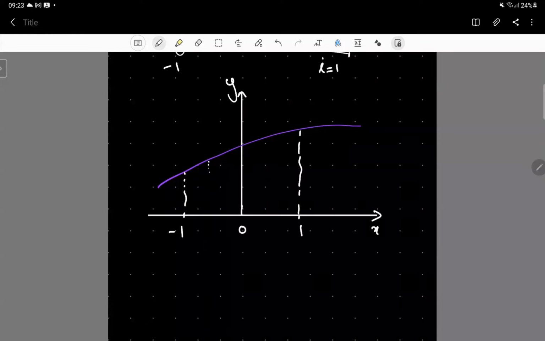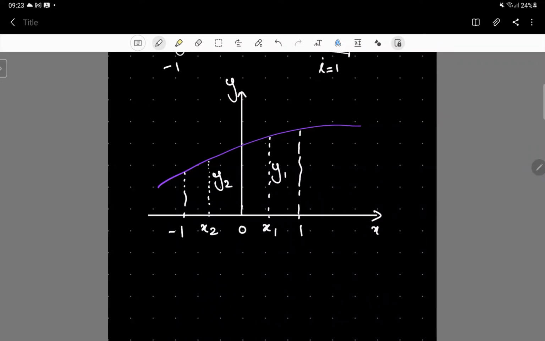Of course, the Gaussian method itself selects a particular point where we need to evaluate the function or obtain the y value of the function. We will see it in a short while. So for a given x1 value, the corresponding y1 value will be used. For a given x2 value, the corresponding y2 value will be used.